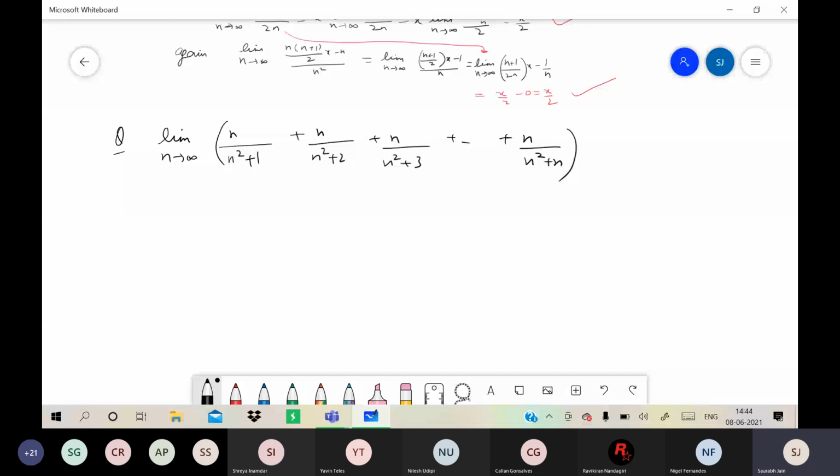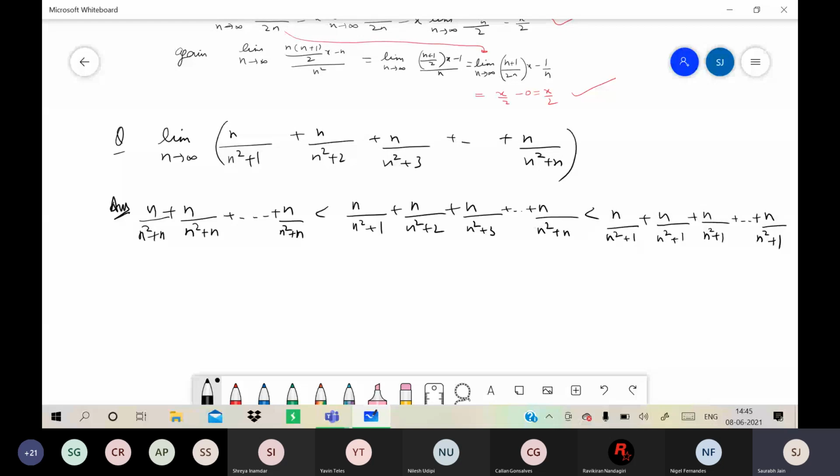Now what is this that I have written? In the middle we have the question only, and on the right hand side I am writing each denominator equal to n square plus 1. That means I am taking the first denominator and keeping it the same.